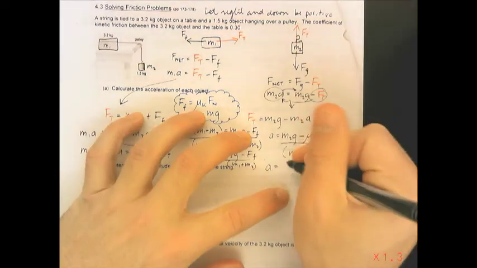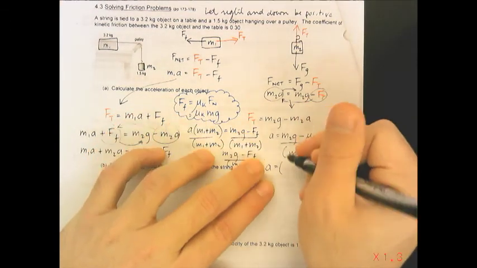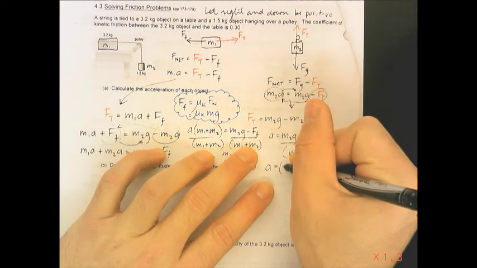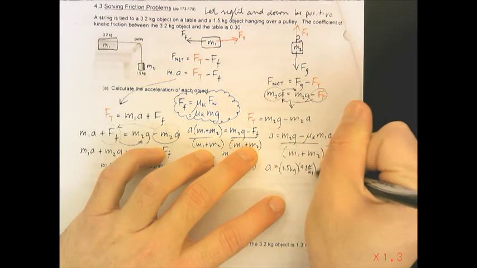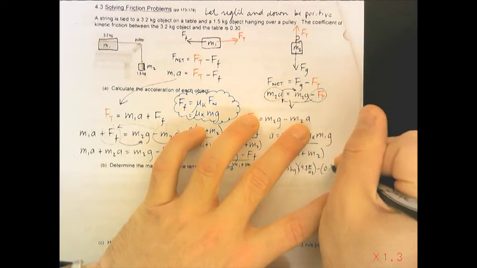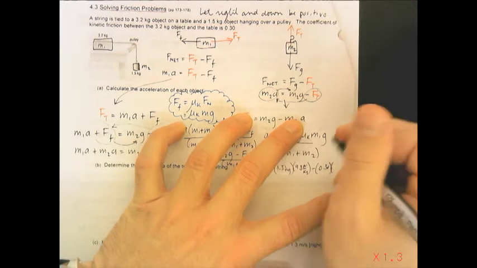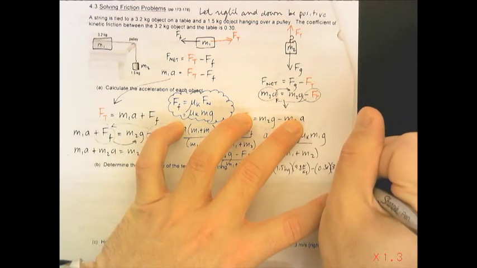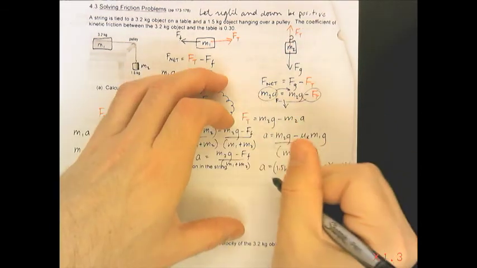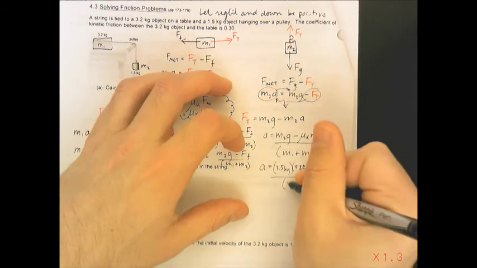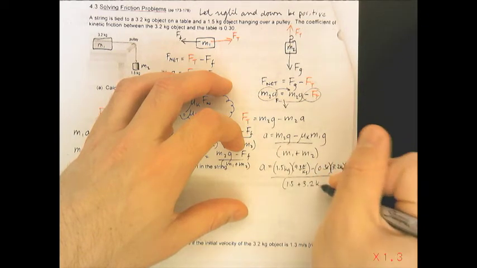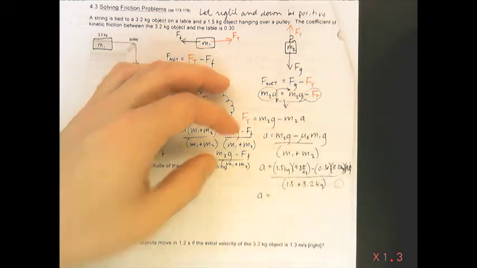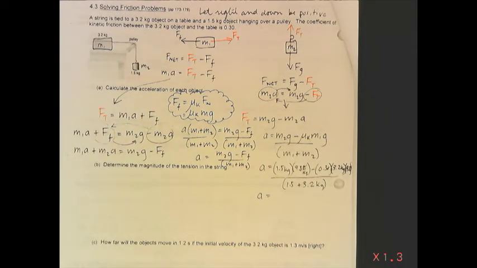So you're going to have (1.5 kilograms times 9.8 newtons per kilogram minus 0.30 times 3.2 kilograms times 9.8 newtons per kilogram) divided by 1.5 plus 3.2 kilograms. Punch it into your calculator and tell me what you get for the acceleration of this system.